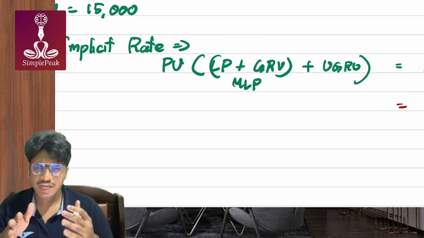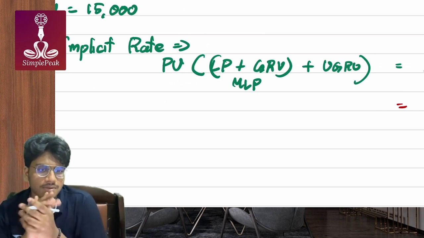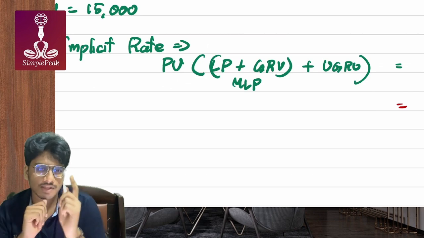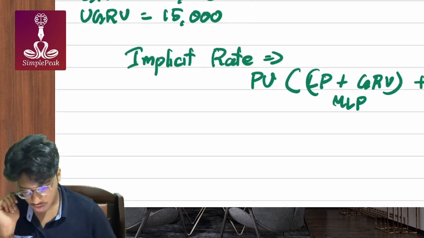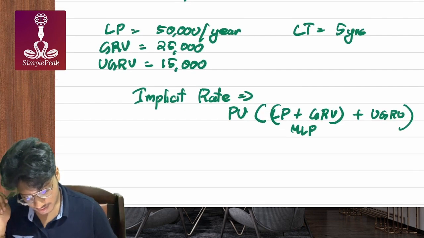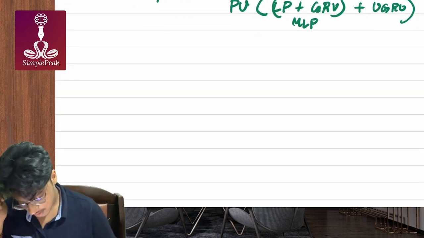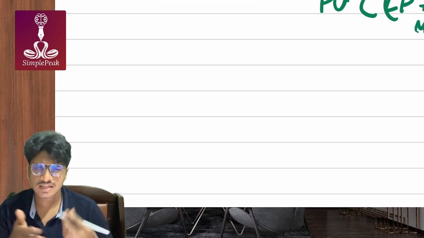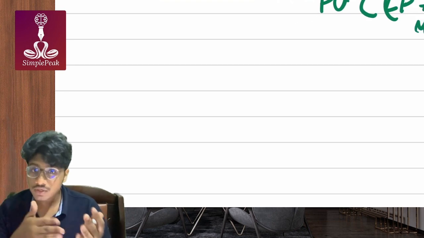So you need to use the interpolation method. I know students tend to find the interpolation method difficult. I will be solving it with the X method, which I'll call the ex-girlfriend method. No problem, let's move ahead. The lease term is 5 years. You have to do trial and error here.